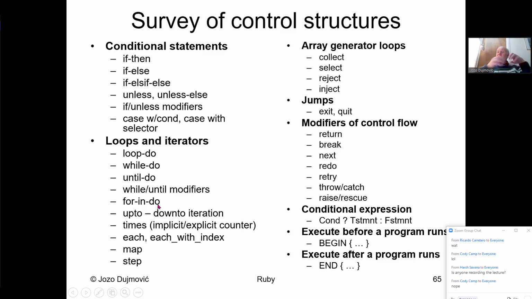So you can have a loop going through the elements of a set, or through elements of an array or any enumerable object. So for an element in an object that has components, you can go through all components. Up to, down to iteration, same as in Pascal. Times, a loop with an explicit counter, like in COBOL.